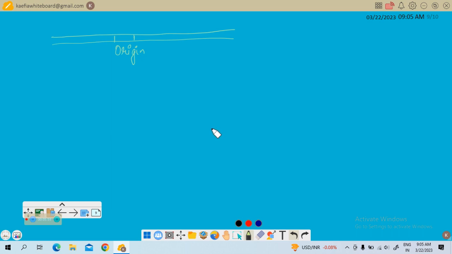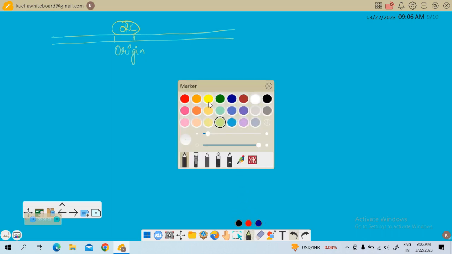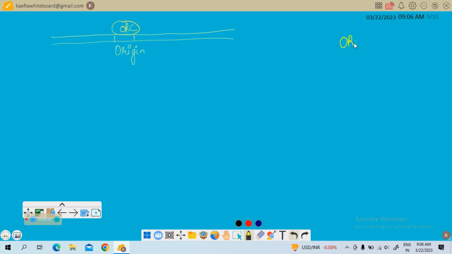So now here we'll talk about the protein ORC. The origin recognition complex will recognize this origin. Now what happens after it recognizes its origin?